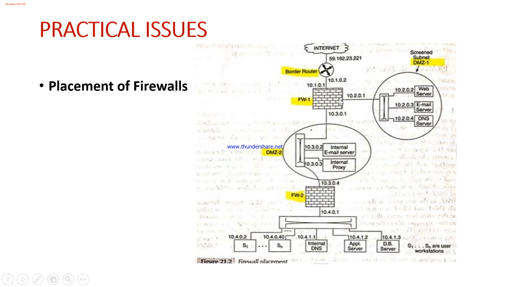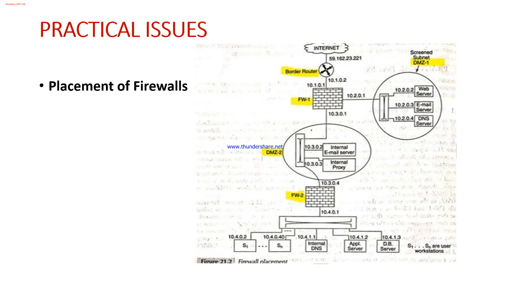These are the 2 zones that appear between firewall 1 and firewall 2. A firewall with more than 2 interfaces is called multihomed. The zone connected to the right interface of firewall 1 is referred to as a screened subnet. Though it is more commonly referred to as the demilitarized zone, it is labeled here as DMZ1.